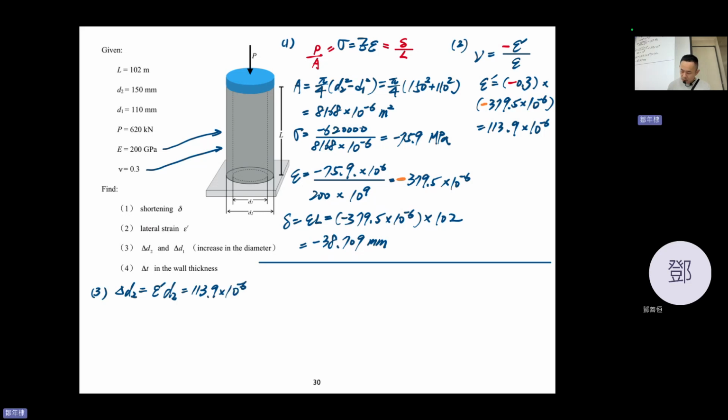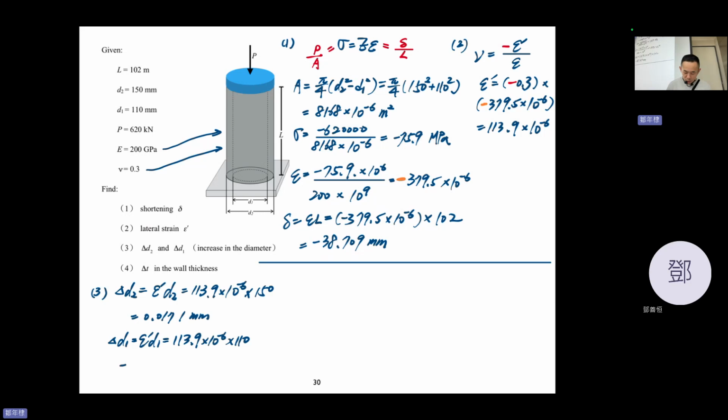Multiplying by 150, you got 0.0171 millimeter.